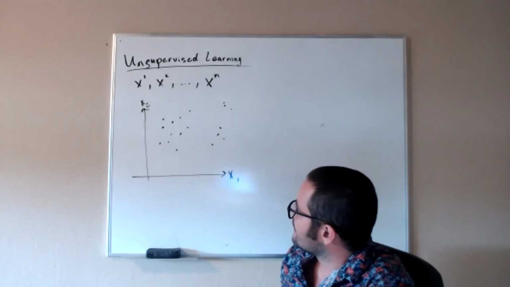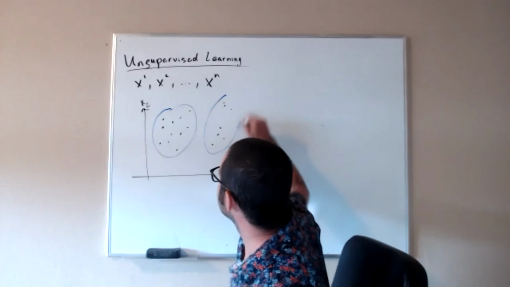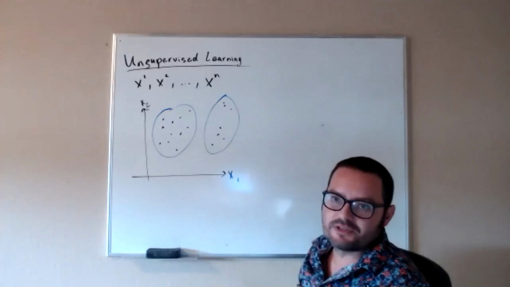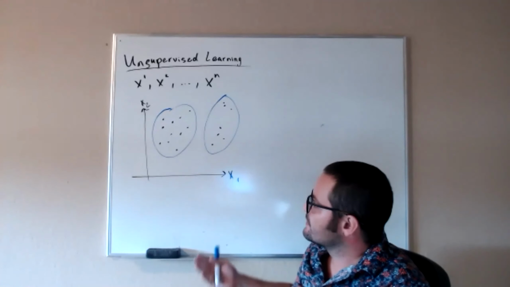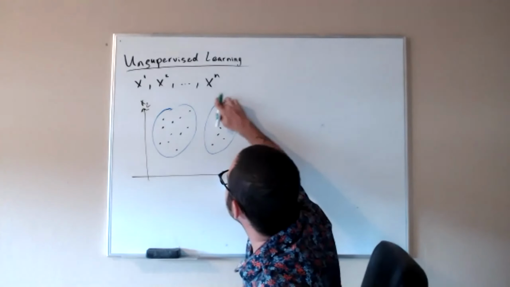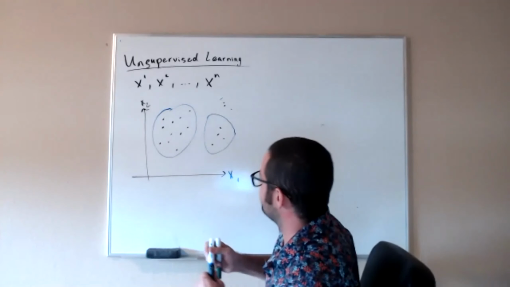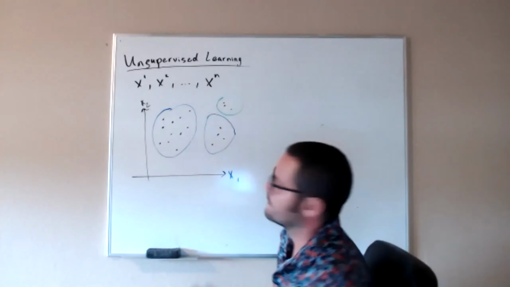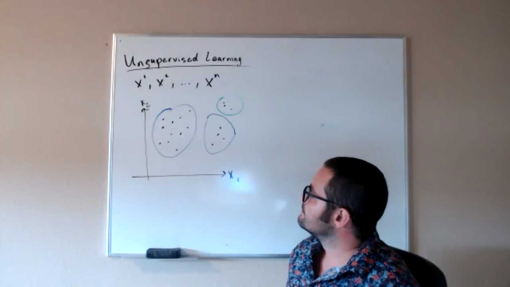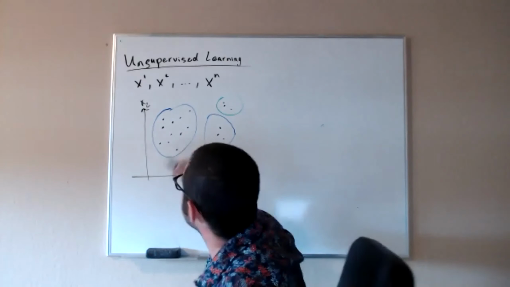So one clustering option might be that those are of the same type and these are of the same type, and you don't know, but you make a prediction that they are. Or another way that you could have clustered these data points would be something like maybe there and then there.